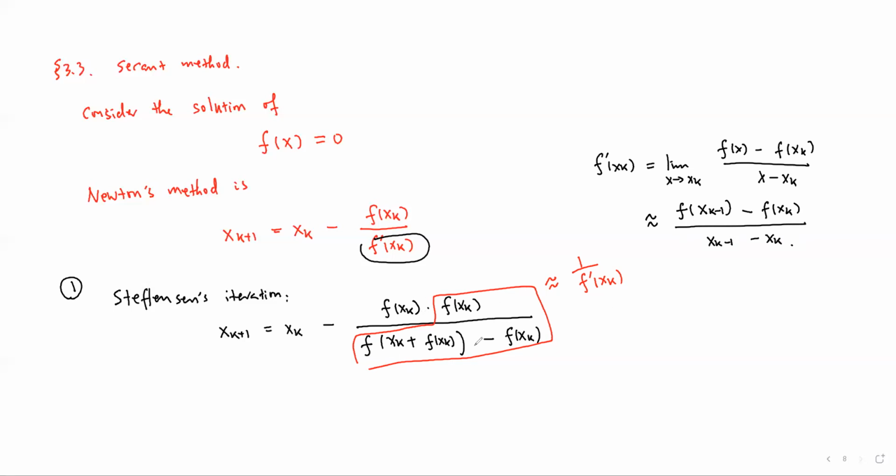This is number 1. I don't know why Steffensen replaced 1 over the derivative by this part, but the second method is much easier to understand. x_k minus f(x_k). Now replace the derivative by this quotient.